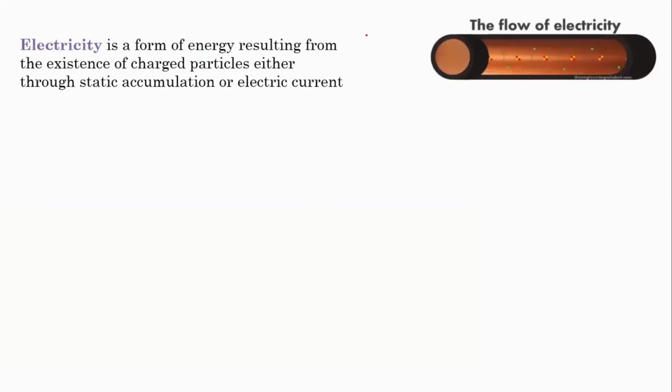And this is why if we have a circuit, the circuit has to be made out of conducting material to allow the free flow of electrons throughout that entire circuit. And once the circuit is complete, then whatever appliance we have attached to that will get the required energy for it to work.